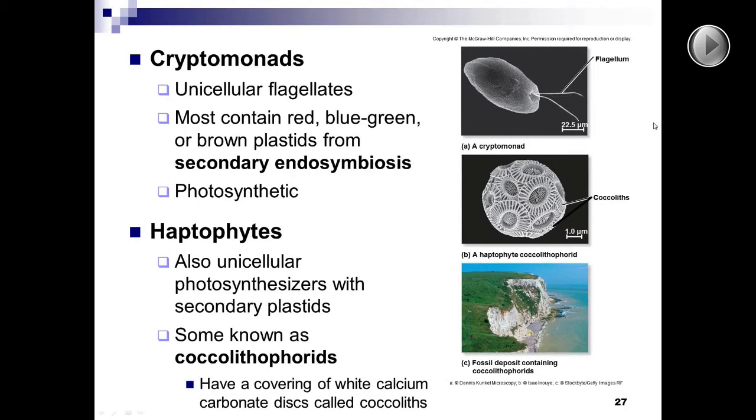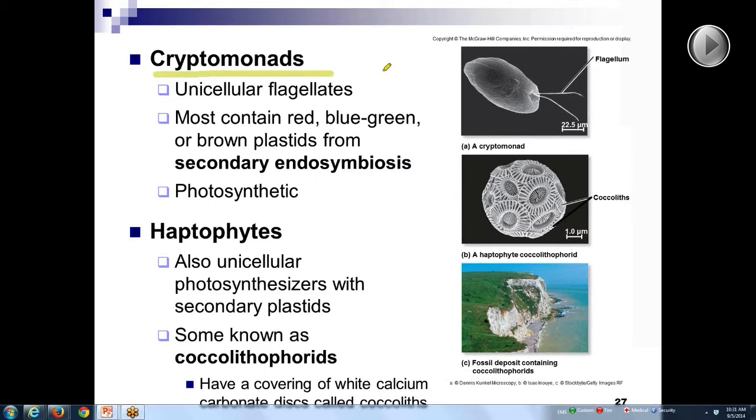Let's look at some organisms you may not be very familiar with. For example, the cryptomonads. Most people are not aware of cryptomonads. These are unicellular flagellates. Really good picture of one right here. You can see they are one cell in size. That gets them nice and light, and these flagella allow them to swim to different locations.